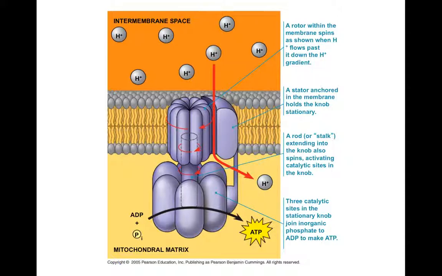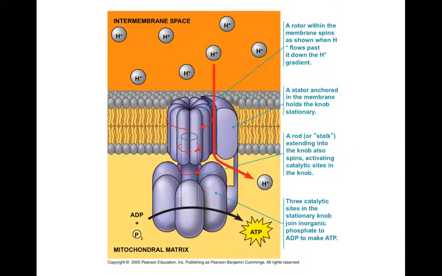This creates a buildup of protons that then want to move back into the matrix. They want to move down their gradient. They can't do that directly because they have a positive charge, and they're restricted by the phospholipid bilayer. They can, however, flow through certain channels like the ATP synthase. The ATP synthase will allow the hydrogen ions to move from the intermembrane space into the mitochondrial matrix.